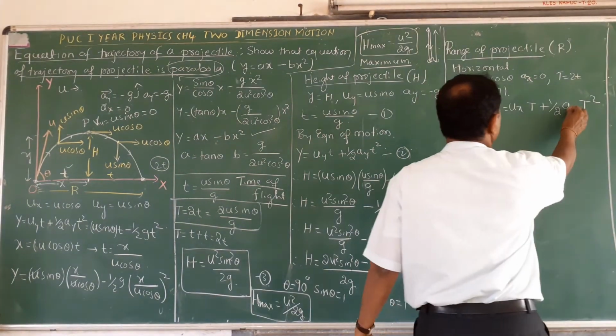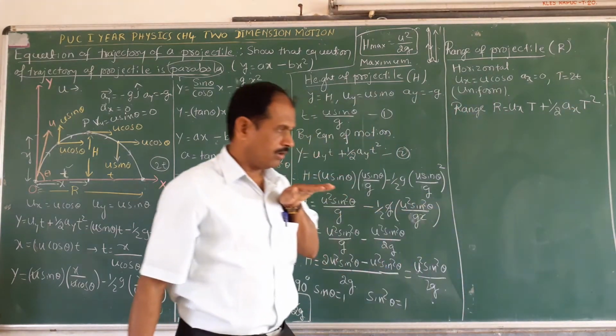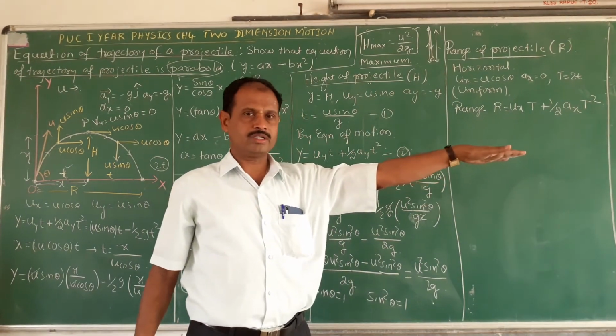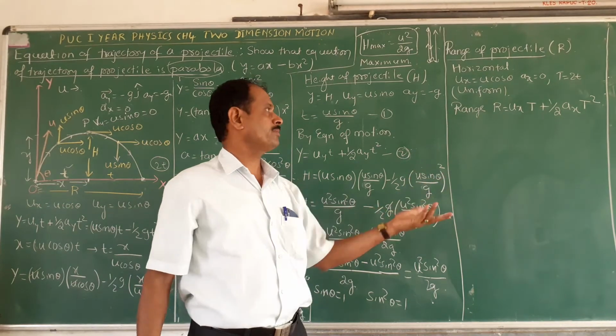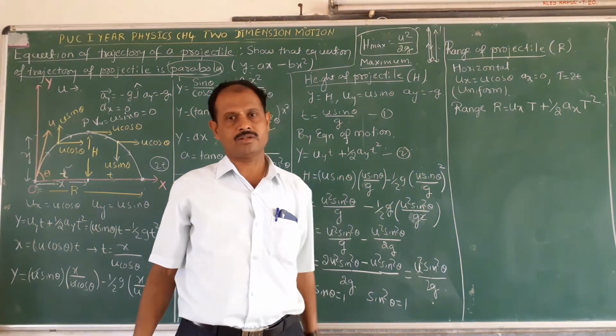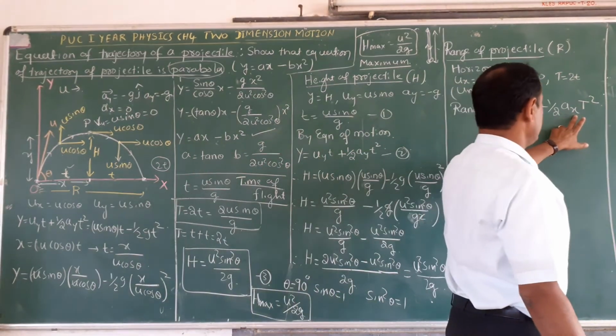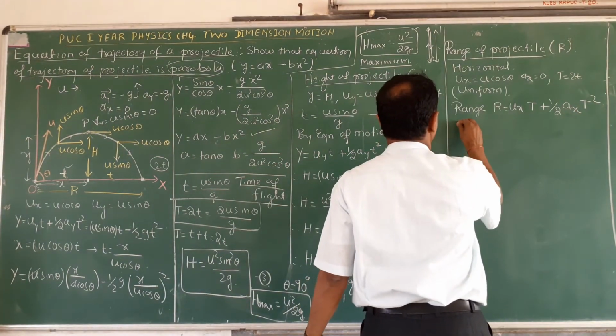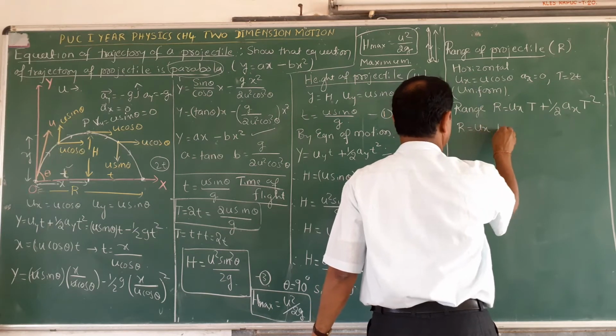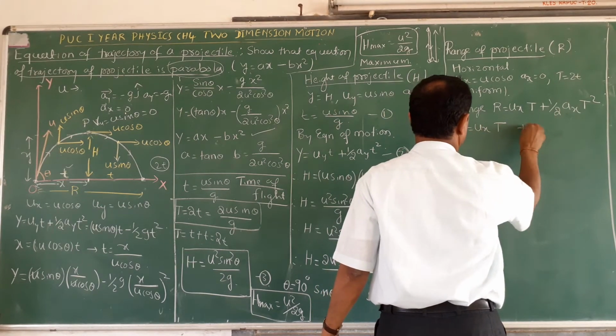Now acceleration is 0 along the horizontal, and u cos theta is uniform. Once acceleration is 0, definitely R is equal to ux t plus 0.